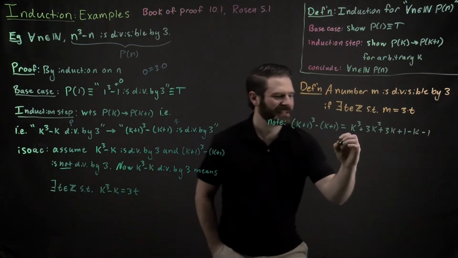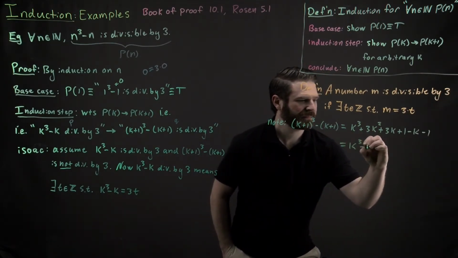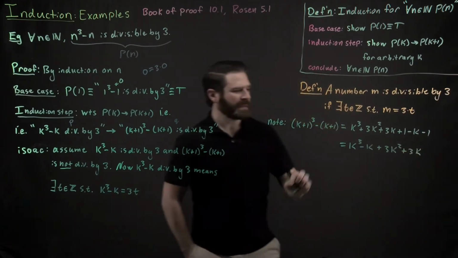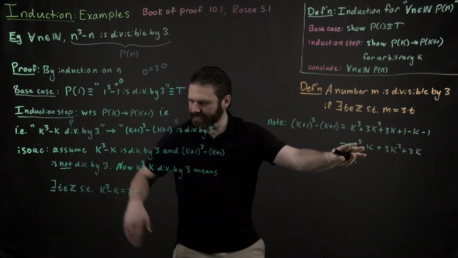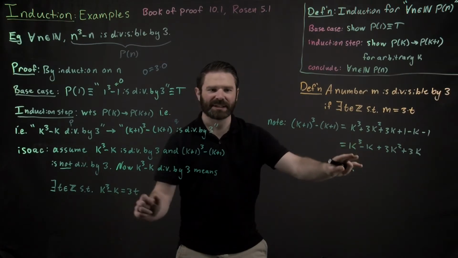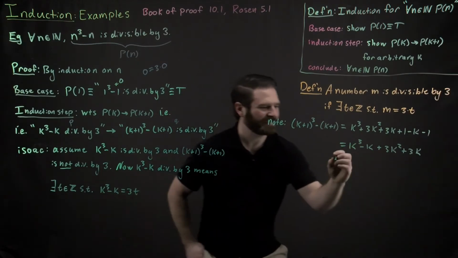We can cancel our 1s. And I've rearranged that, and once again, I've assumed that k cubed minus k is equal to 3t, so I can substitute that in right here.